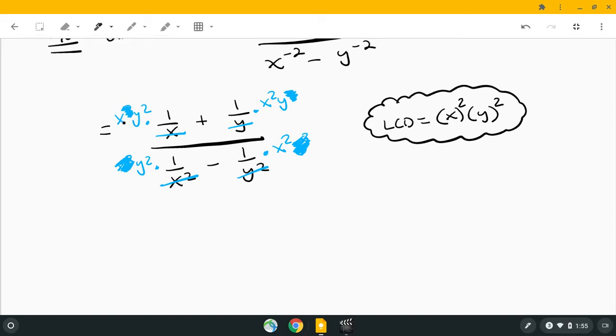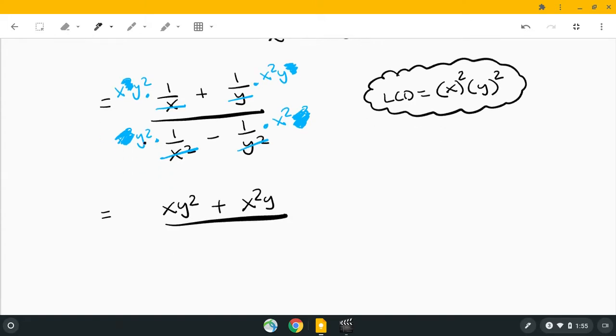Up here, I'm left with x y squared times 1. Over here, I'm left with x squared y times 1. Down below, I'm left here with y squared. And over here, I'm left with minus x squared.